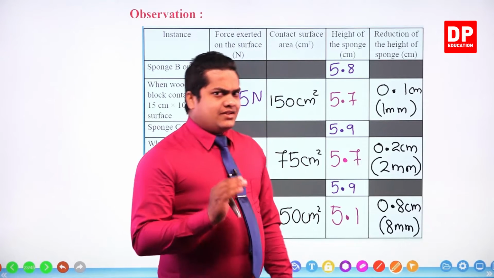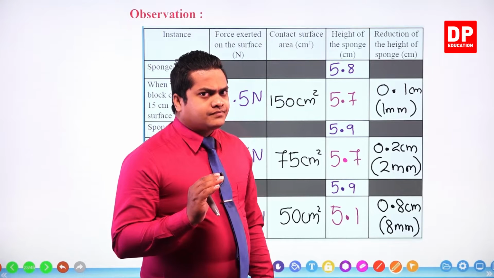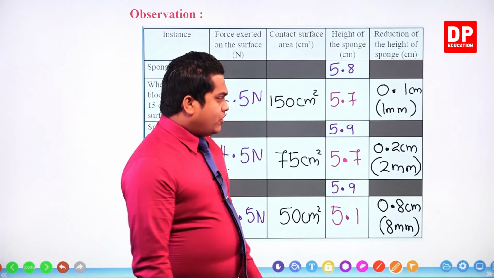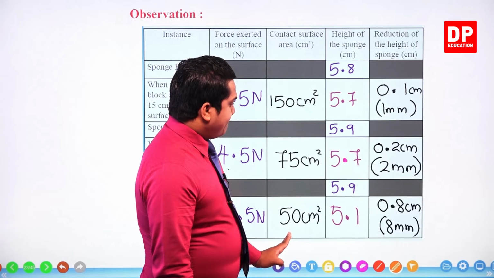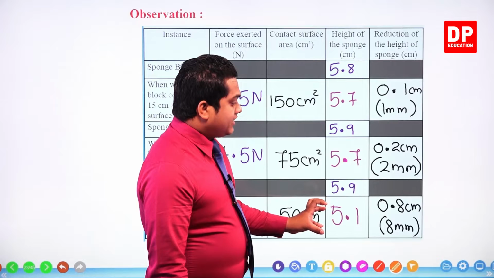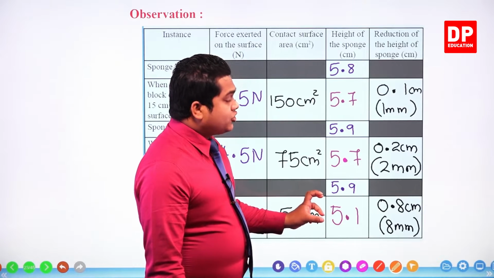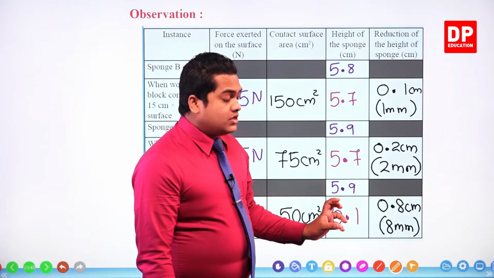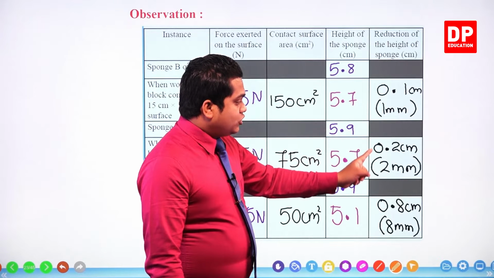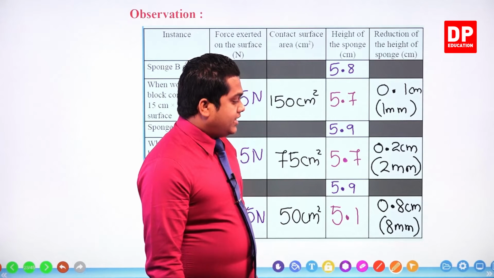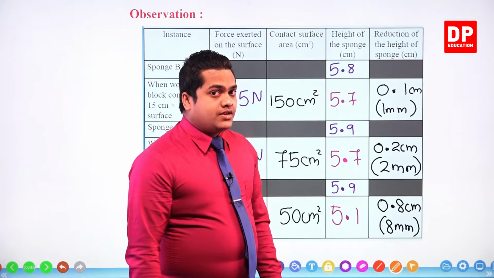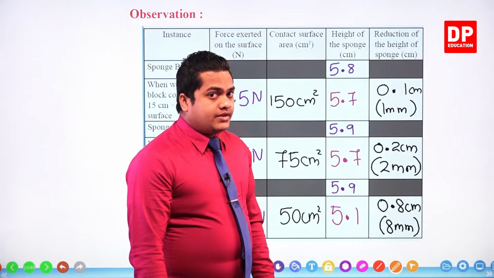As you can see here, it's very clear to us that upon reduction of area, the reduction in thickness also increased from 0.1 to 0.2 to 0.8, or from 1 millimeter to 2 millimeters to 8 millimeters, right?